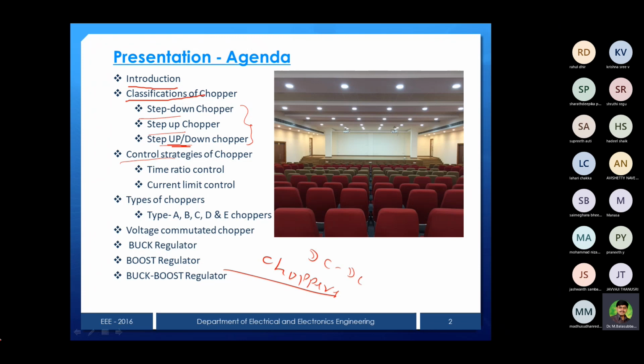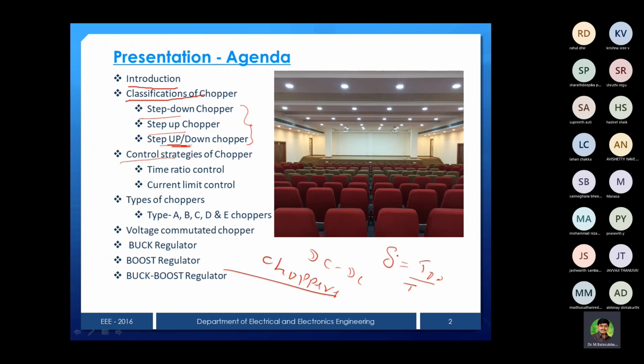In a phase control rectifier, we vary alpha using our firing circuit. Similarly, in a chopper the control strategy is delta, or the duty ratio, that is T on by T. So how delta is varied is the strategy here.